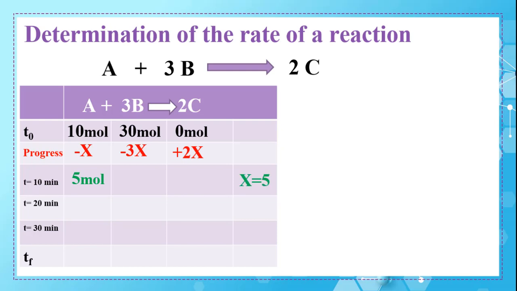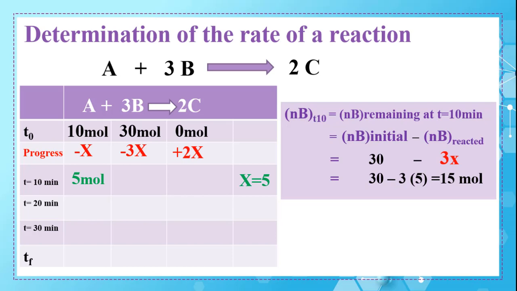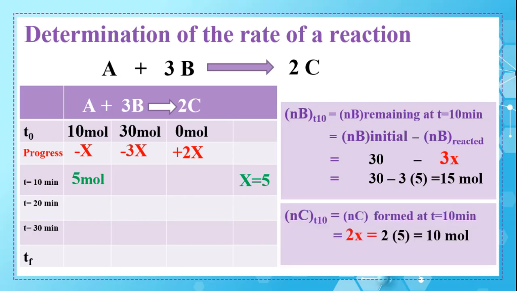To calculate the number of moles of B remaining at the same instant, we have to do the difference n initial minus n reacted. 30 minus 3x equals 30 minus 3 times 5 equals 15. To know the number of moles of C produced at the same instant, we should calculate 2x. 2x equals 2 times 5 equals 10 moles.